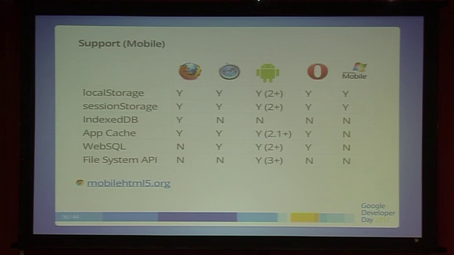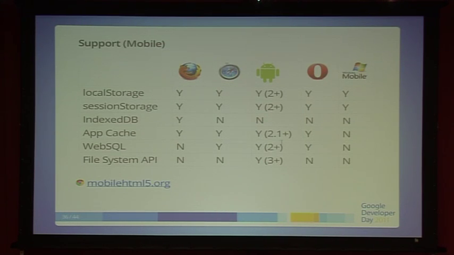On mobile, the story is pretty much the same. Local storage and session storage are supported on pretty much every platform. IndexedDB is only in Firefox at the moment. App Cache is, again, in everything but the Windows mobile browser.